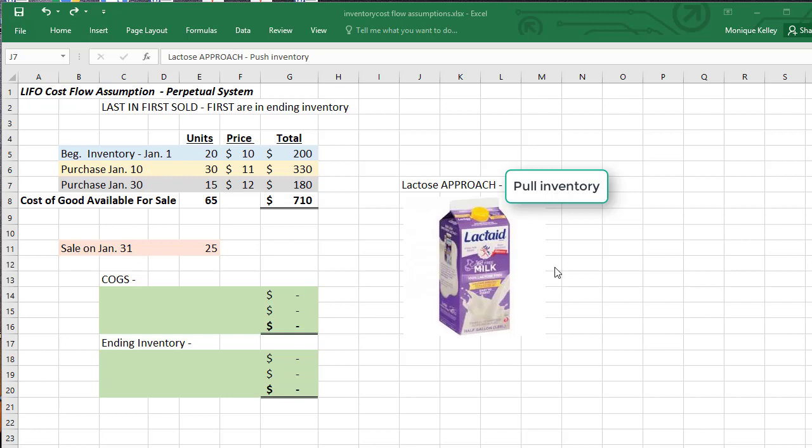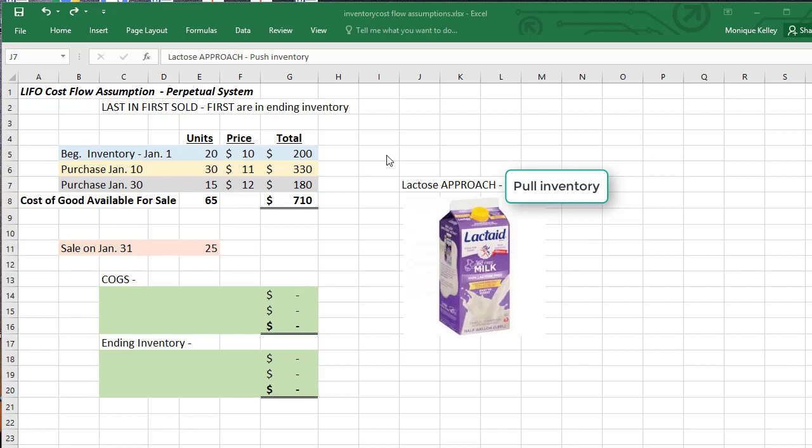And the reason why I do that is because the store is trying to get me to purchase the ones that came in first, but I want to have that dairy product or that milk last as long as it possibly can. So what I'll do is I'll get the one in the back because those are the items that come in last. So I call this approach the lactose approach. If you ever look at the date, you'll see that the last items they're trying to get you to pick those last, but I try to outsmart them.